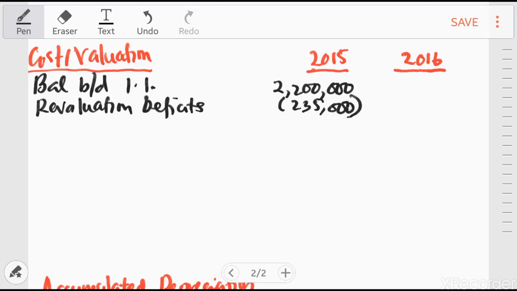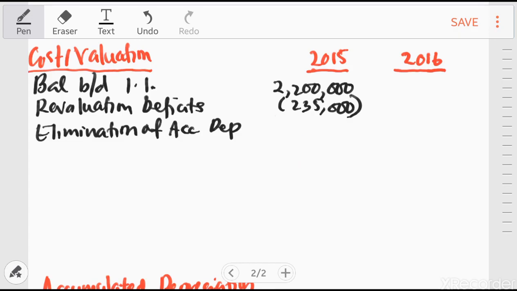Next one is the elimination of accumulated depreciation. This one is the elimination that we did because of the revaluation model that has been applied.